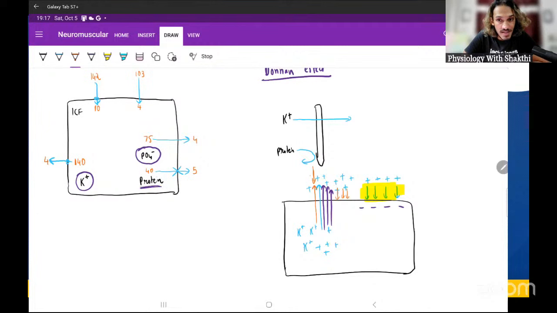I hope you're understanding this. So what I'm trying to put across to you is that this membrane potential at which the flow based on concentration gradient is negated is what is called the equilibrium potential.